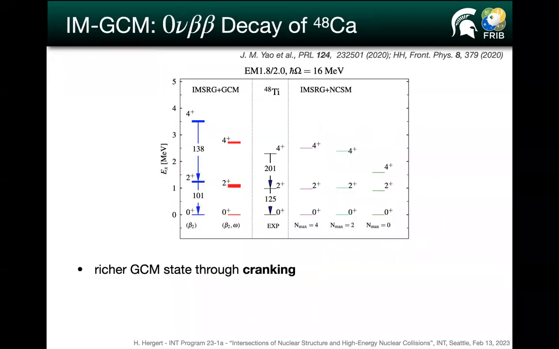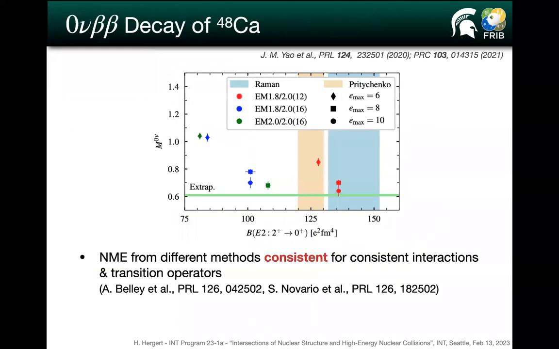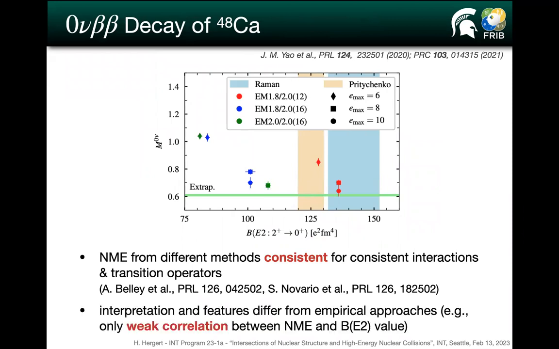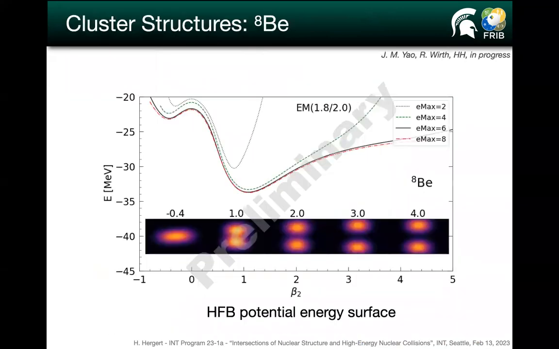Okay, so we did this for the neutrinoless double beta decay, and I don't want to go into detail. There are the references in here. We are actually computing neutrinoless double beta decay matrix elements in germanium and xenon now with this approach. The biggest hurdle used to be the input interactions, but as you may have heard, the TRIUMF group actually made a lot of progress in the handling of three-body forces.